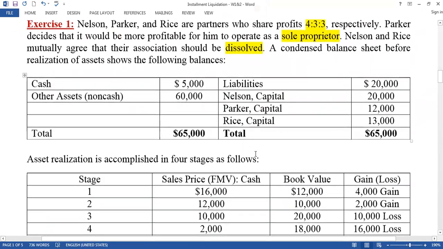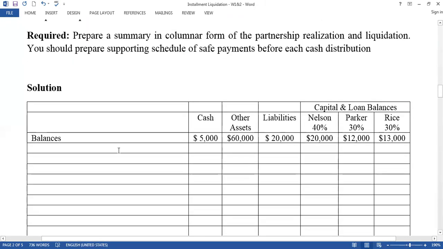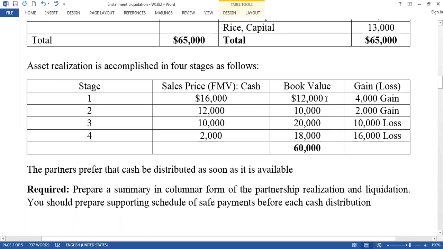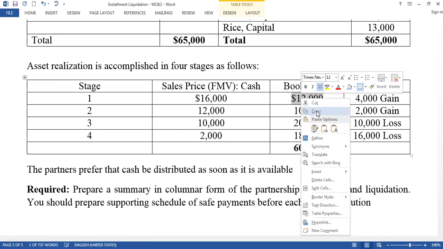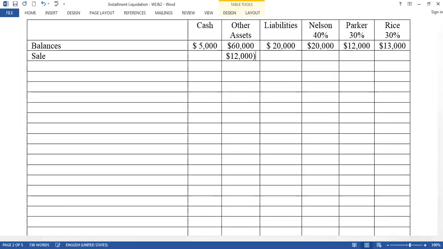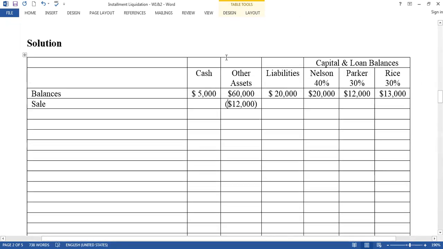Now let's solve the question together. These are the balances, copied and pasted from the question. Now we sell $12,000 of asset, so this is a $12,000 asset decrease. Why do we sell our asset?